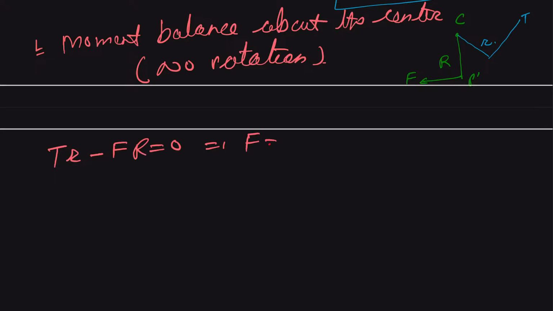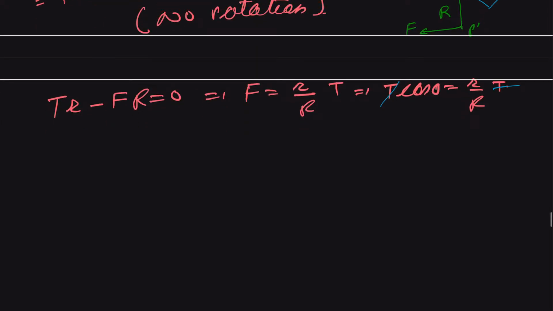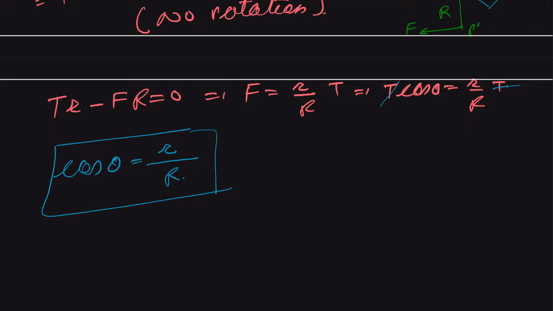Or we can say that F is equal to R upon capital R times T. But we already know that F is T cos θ. So T cos θ is equal to R upon capital R times T. We can just solve for T, and therefore we get that cos θ will be equal to R upon capital R. So it means it is going to remain at rest for this particular relationship.